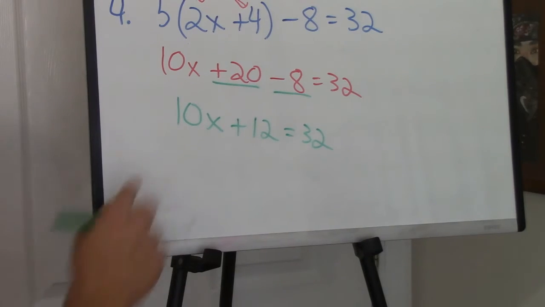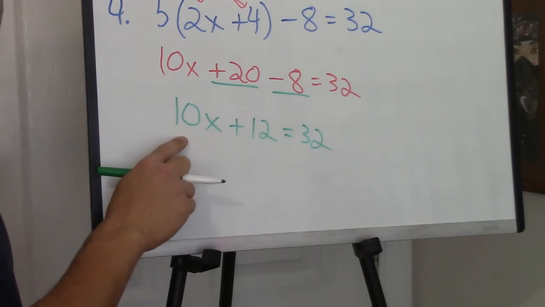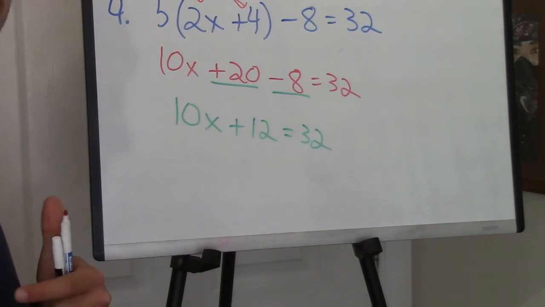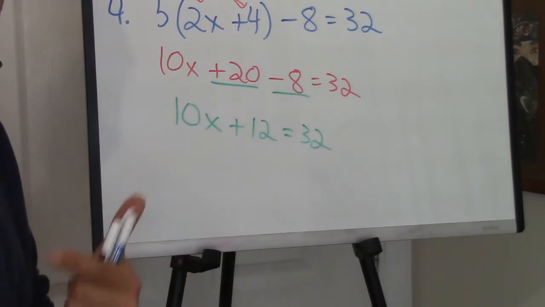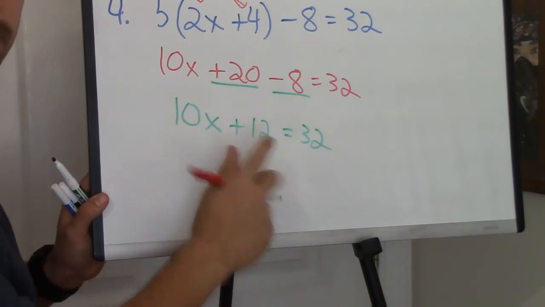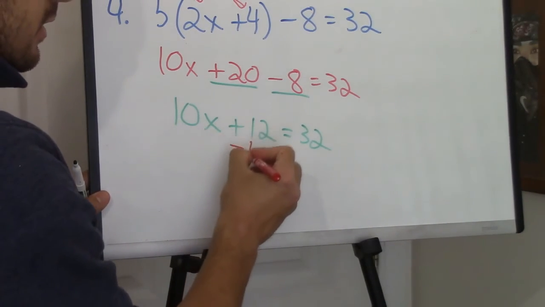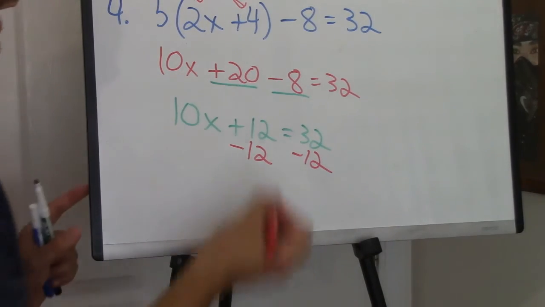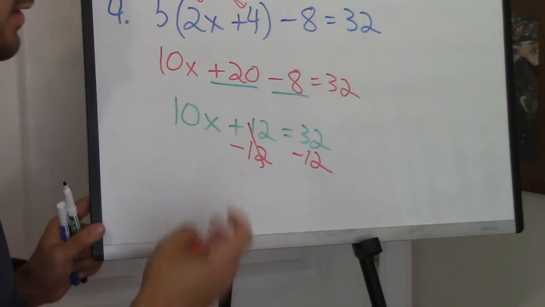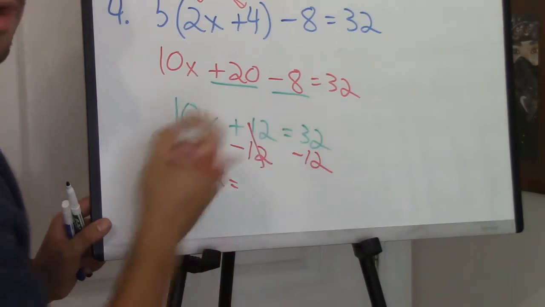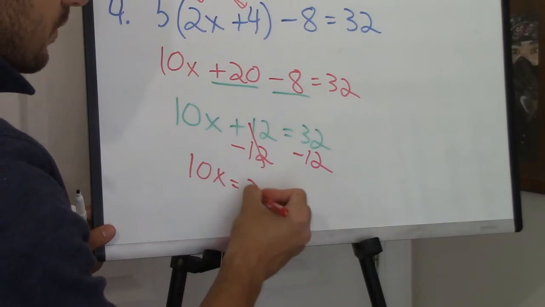So what is being done to x? Well, it's being multiplied by 10, and then we're adding 12. So shoes and socks principle, we have to undo those in the other order. The last thing that's being done is adding 12, so the first thing to undo is to subtract 12. That gets rid of the 12 on the left, and we get 10x equals 32 minus 12, which is 20.